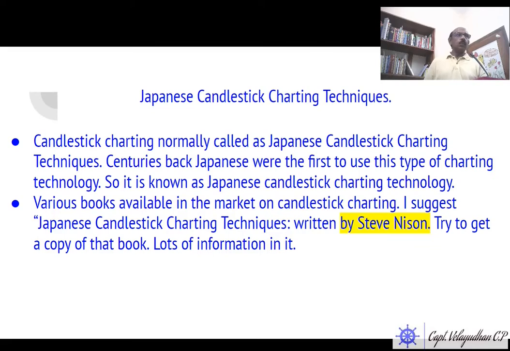And those who were pioneers in candle patterns made a big fortune in the market. So the popularity spread all over Japan. Then it went to USA, Europe, Asia, and India. Now, in most of the countries globally, it is a common practice to use candlestick charting.